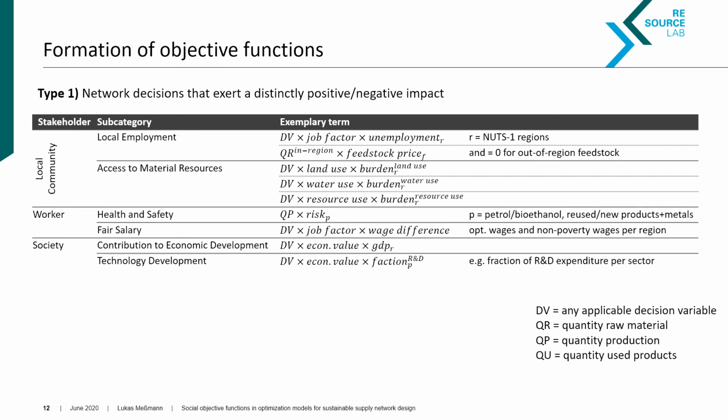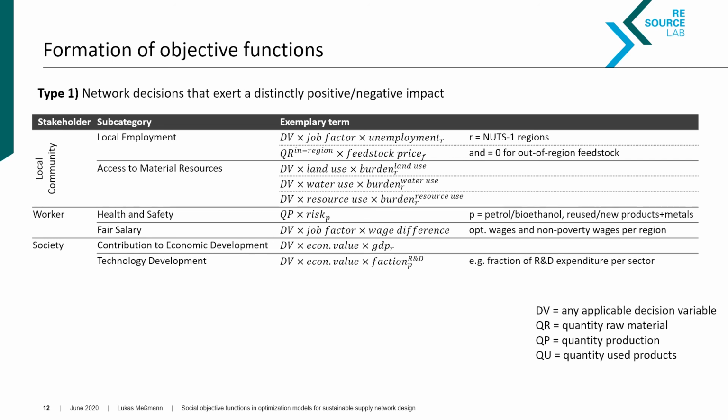So the first objective functions could look like this. We could have an objective function that, as in all of the other papers, maximizes the number of jobs depending on the unemployment rate, but we could also have an objective function that favors locally based suppliers. We have 3 different objective functions for access to material resources.